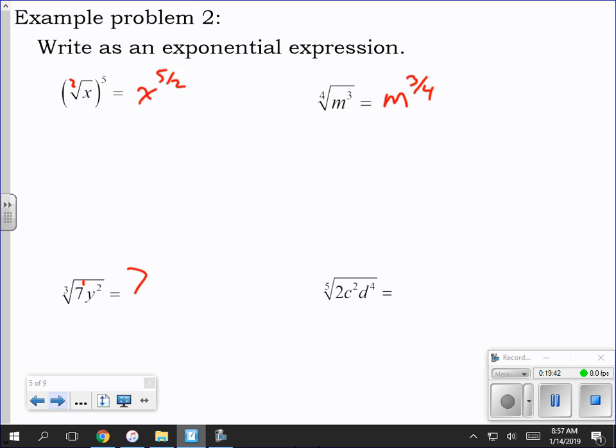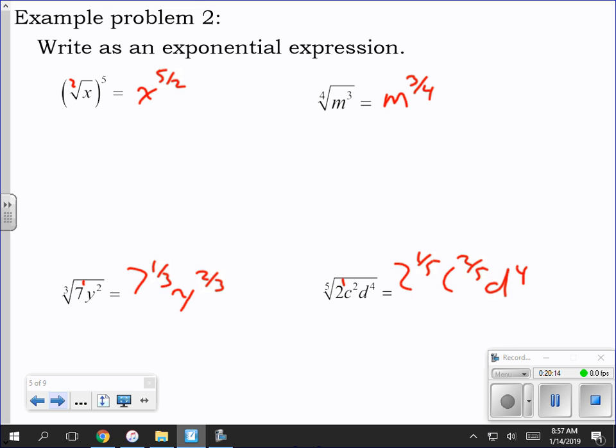So that's 7 to the 1/3, y to the 2/3. Same thing on the next one. I have my 2 in front. There's technically a power of 1. We don't write it, but technically it's there. So basically I have all those exponents with a 5 underneath. That's it. 2 to the 1/5, c to the 2/5, d to the 4/5.